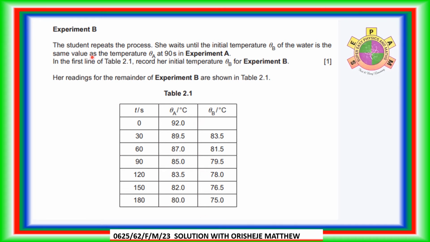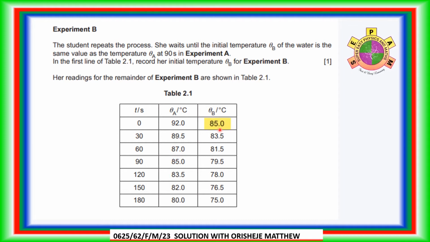Now, the student repeated the same experiment using the same beaker, but this time she allowed the water to cool for 90 seconds before she started taking her readings. So she allowed the water to cool to 85 degrees.